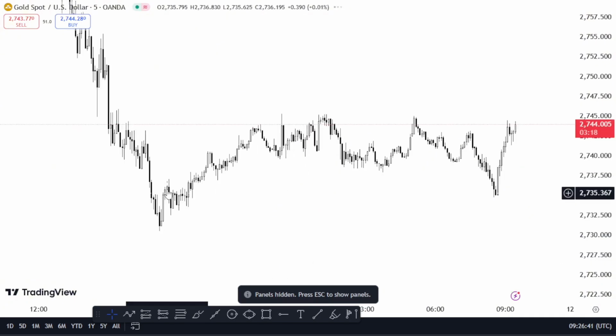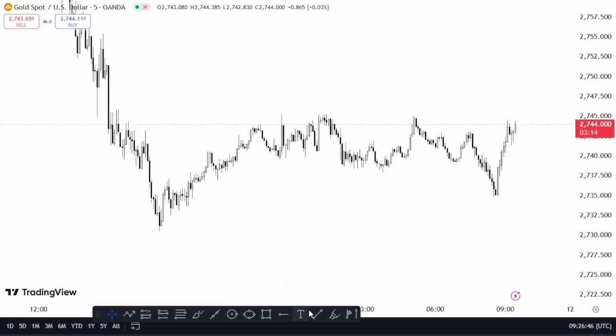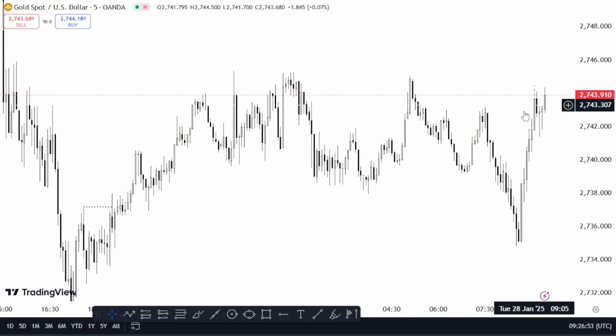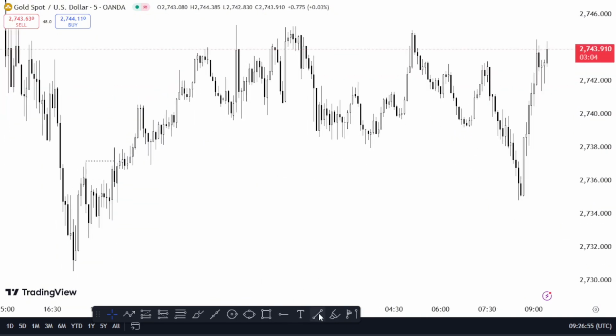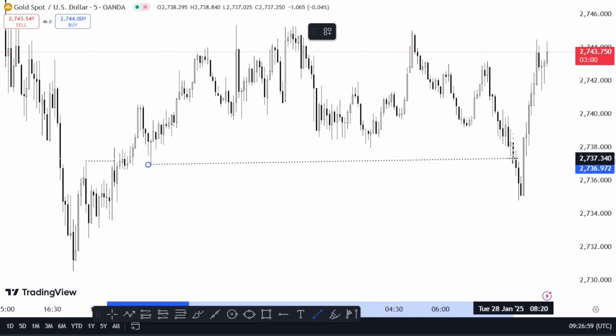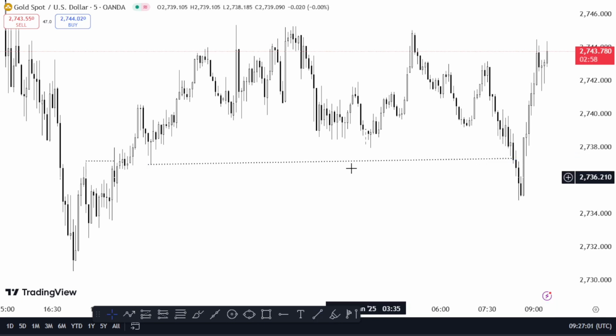All right, so we have a market structure shift here. We have a breaker. We have a market structure shift. We have a breaker, a breaker structure here. See, we have our imbalance right here. So these are imbalances.